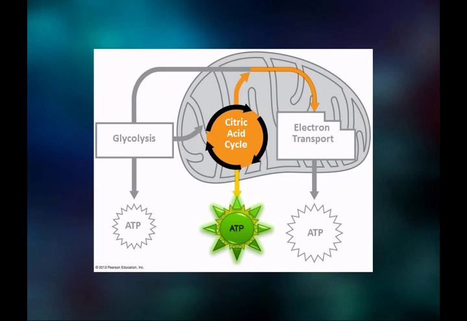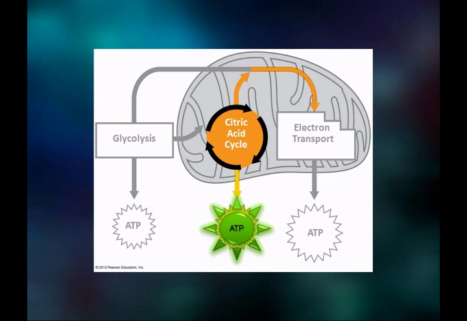So as of the last class, we left off with the citric acid cycle. We spoke about glycolysis and its role in cellular respiration, how it happens out in the cytoplasm, and the overall yield of that portion of cellular respiration is 2 ATP, 2 NADH, remember those are our high energy electron acceptors, and 2 molecules of pyruvic acid, also known as pyruvate.